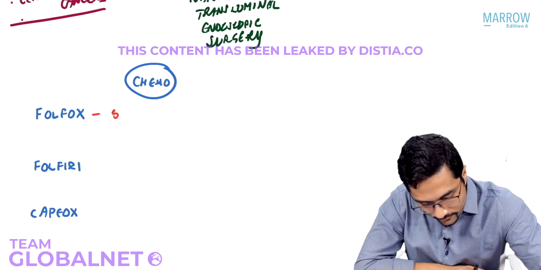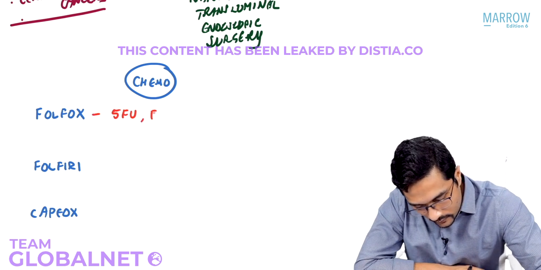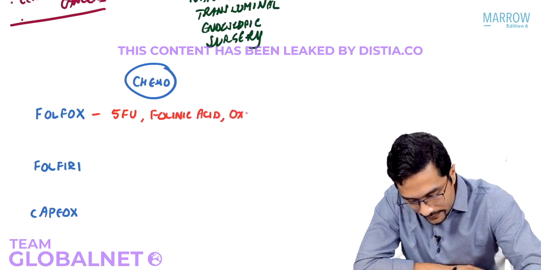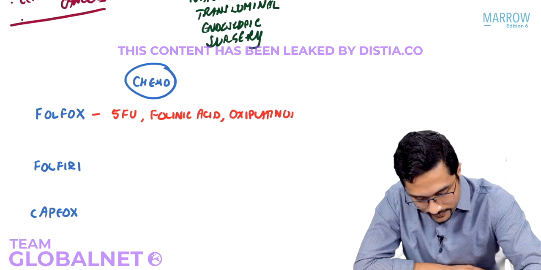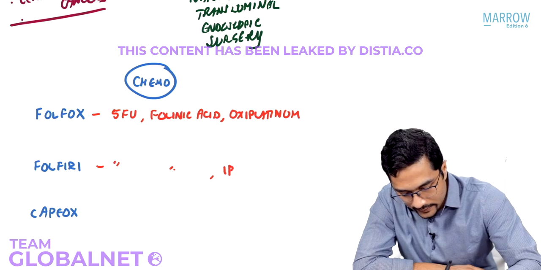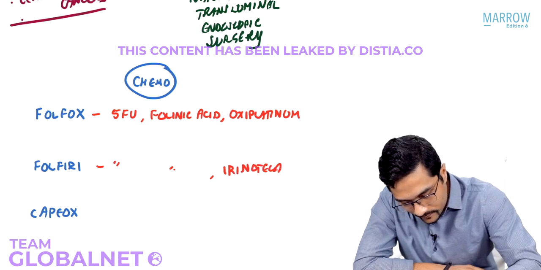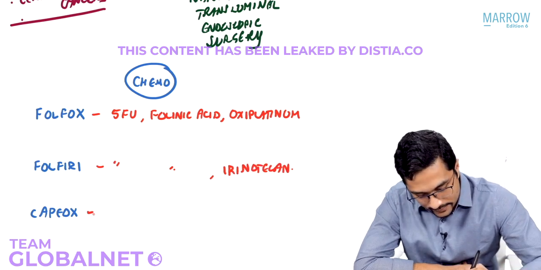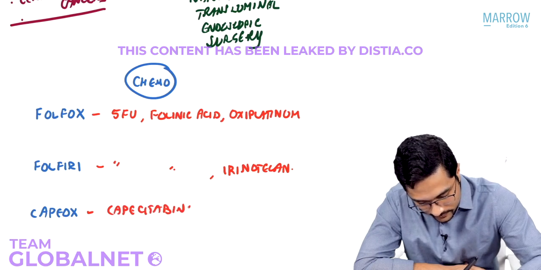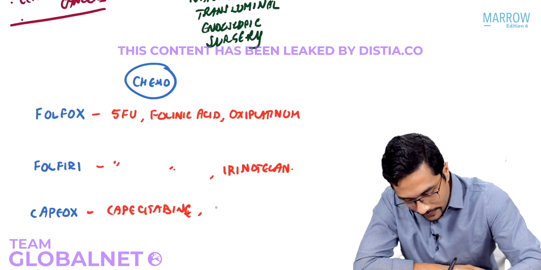FOLFOX has 5-fluorouracil, folinic acid, and oxaliplatin. FOLFIRI has 5-fluorouracil, folinic acid, and irinotecan. And CAPOX is capecitabine and oxaliplatin.